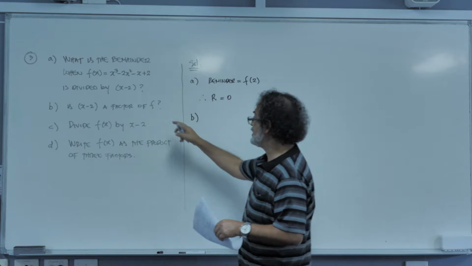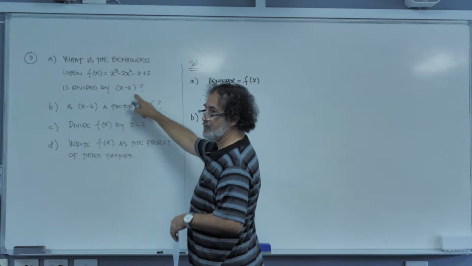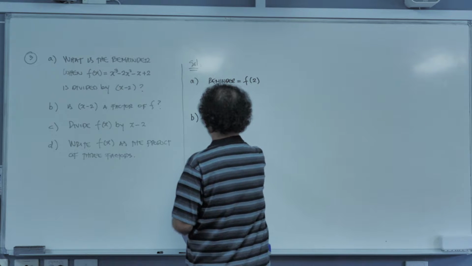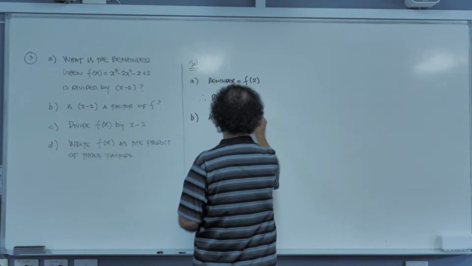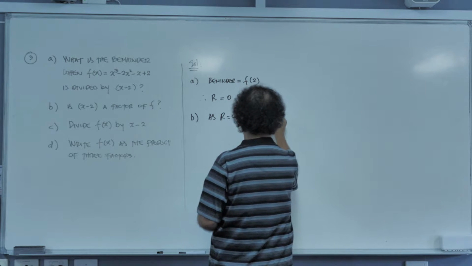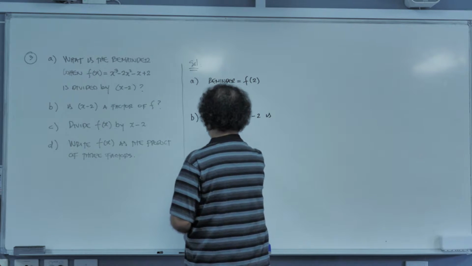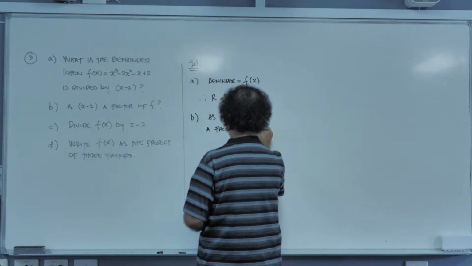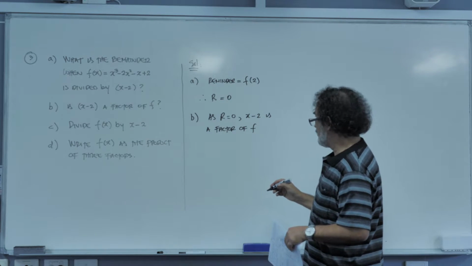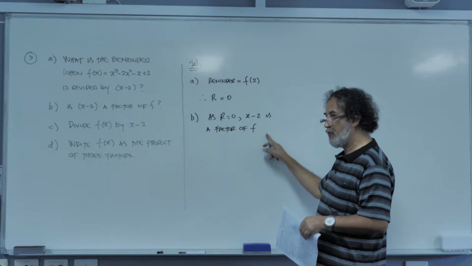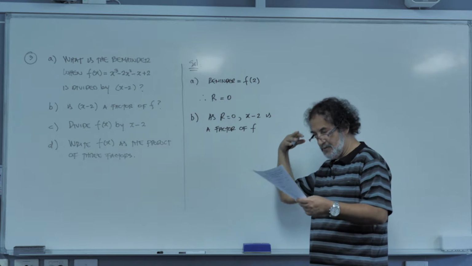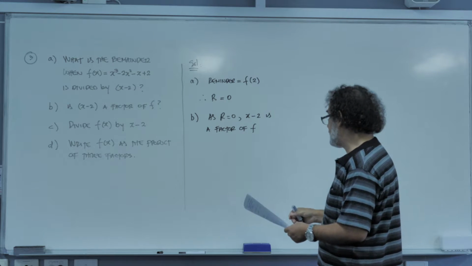So this definitely is going to be a factor of that one. Okay, so we're going to say as r equals 0, x minus 2 is a factor of f. We're going to do this more formally when doing the factor theorem, but this is sort of where we're going.